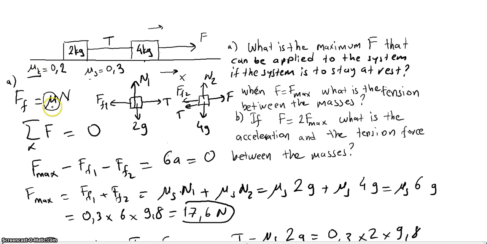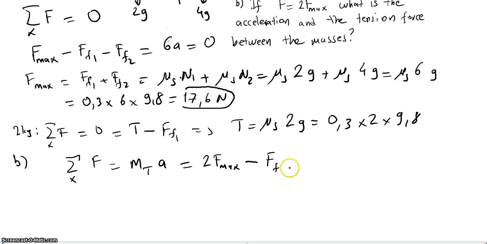The only difference is that you replace mu s by mu k. So the total is 2 times 17.6 minus mu k, which is 0.2, times 6, the total mass, times g.